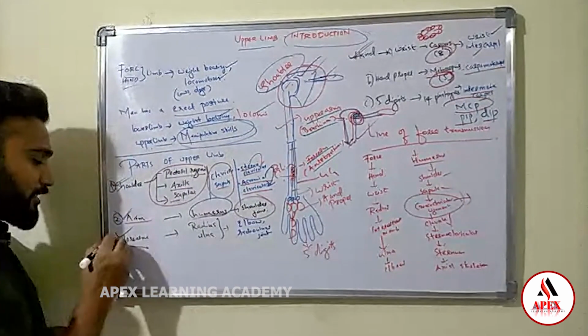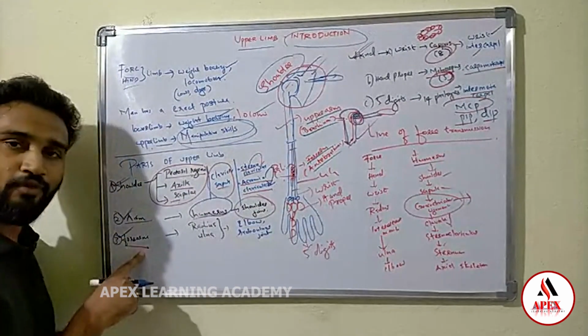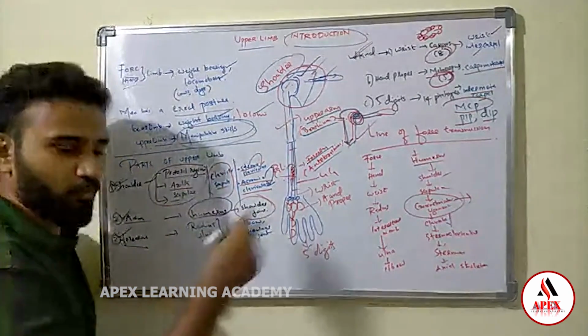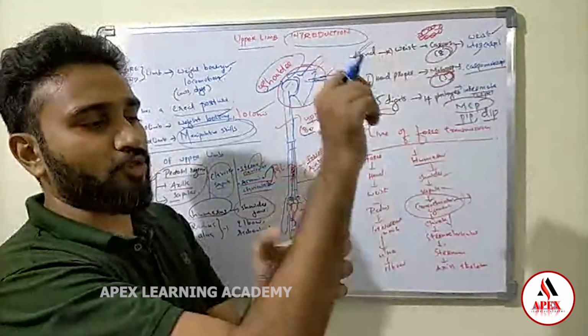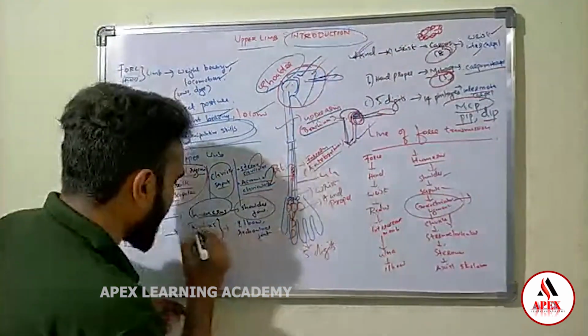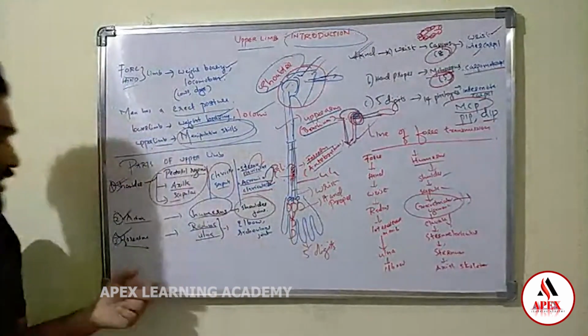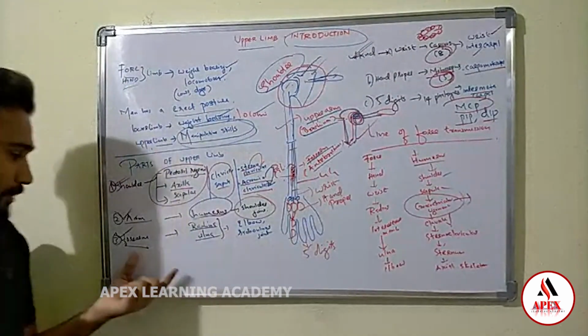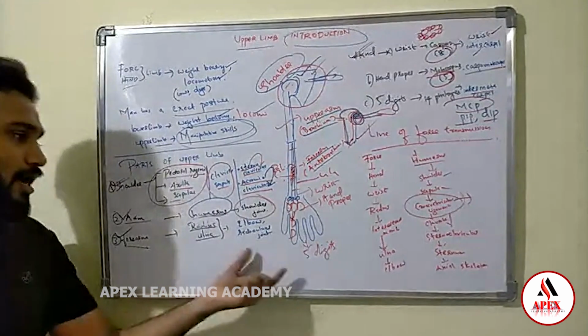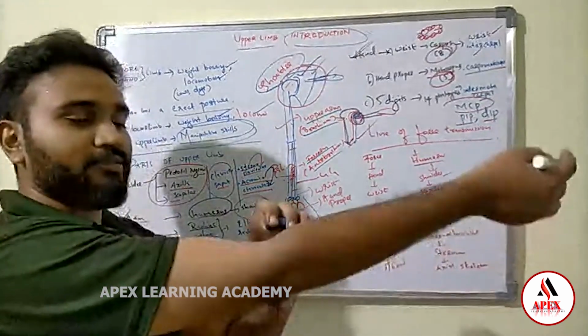And the third region is the forearm. The major bones of the forearm are the radius and ulna, and the joint present here is the elbow joint.